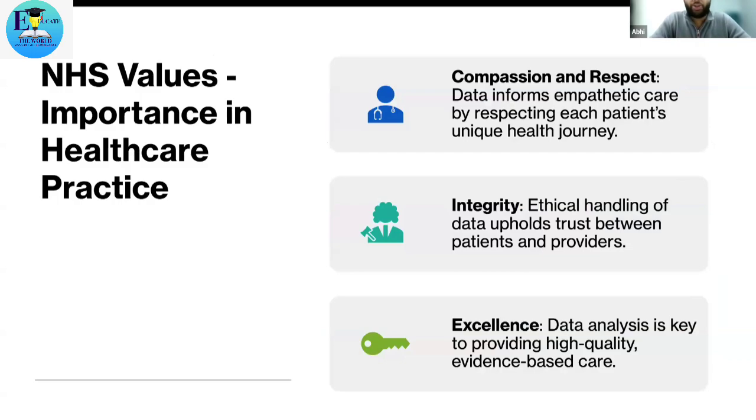In thinking about compassion and respect, data really allows for empathetic care. We get information about the patient, so data isn't just numerical, it's also information. When we have data, we need to handle it in an ethical and integral manner, keeping it to individuals who are pertinent to the patient's healthcare pathway.